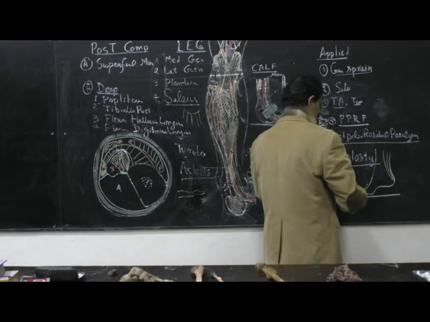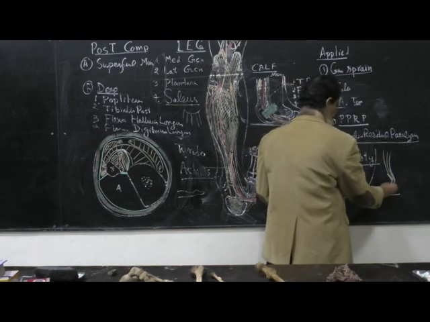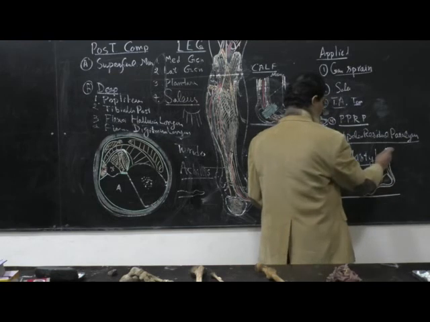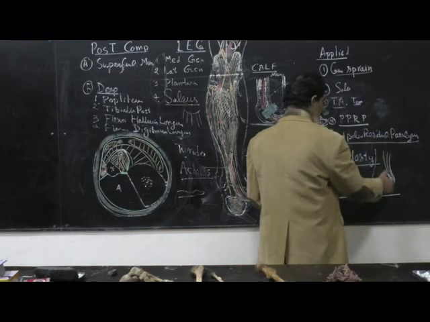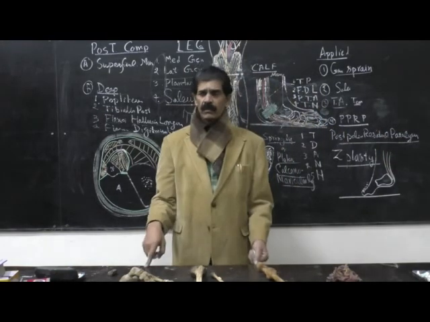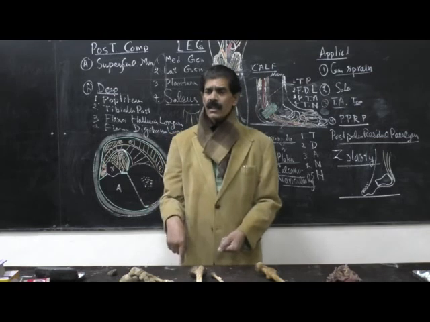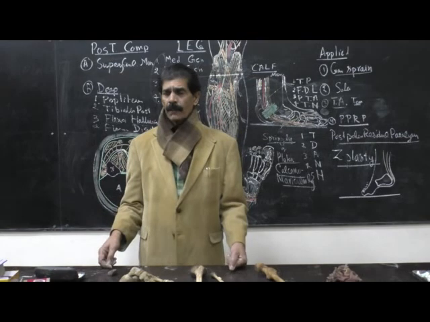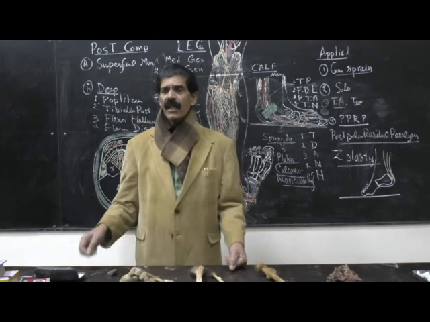The muscles of all compartments of the leg undergo contracture after the injury to the nerve supplying them, the sciatic nerve and its branches. So here the tendocalcaneum becomes very thin and contracted, which causes the patient to walk on the toes, and the toes are also not touching the ground because of the flexion attitude of the knee joint and the paralysis and contracture of the hamstring muscles, which bring about the flexion at the knee joint.